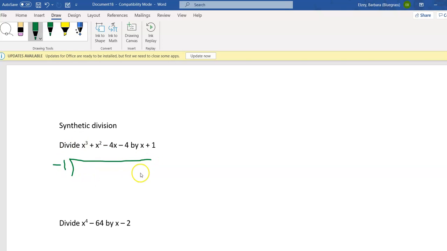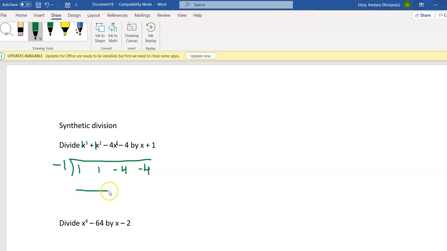On the inside, I'm going to put all of the coefficients of the thing that I'm dividing into: 1, 1, -4, -4. Notice that no x's go into this. Also, and this is very important, my exponents have to be in descending order to begin with: 3, 2, an unwritten 1, and then of course the constant.